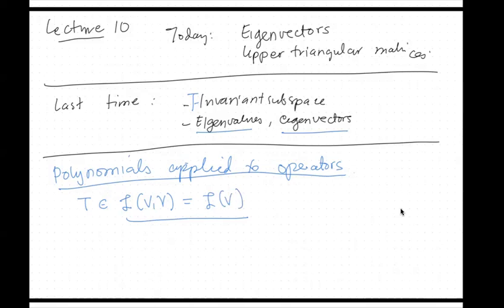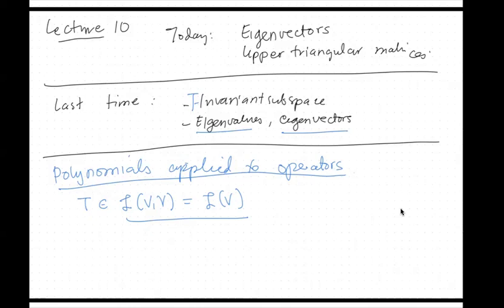And because this is a linear map from the vector space to itself, we can raise the linear map into powers.